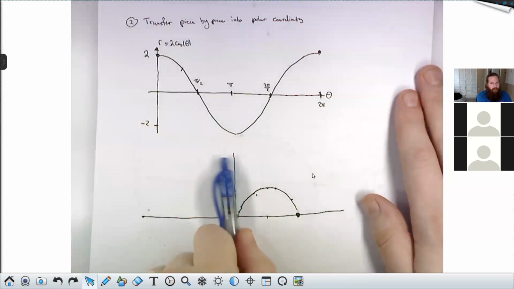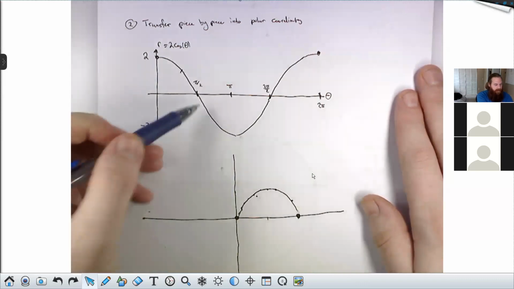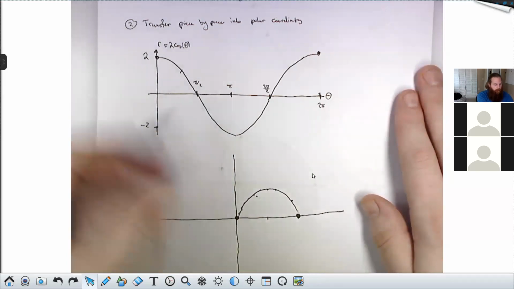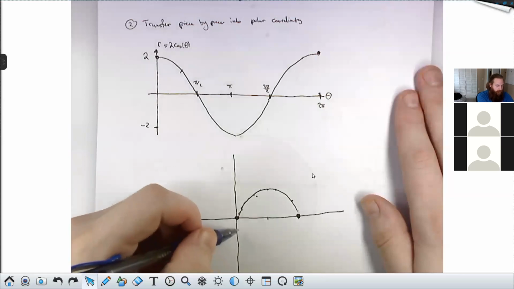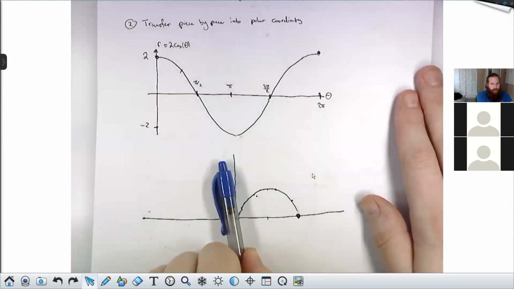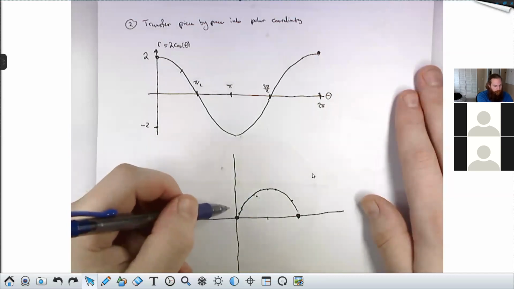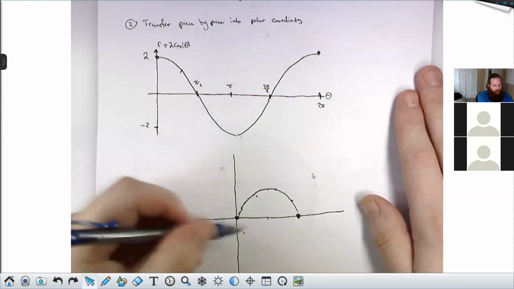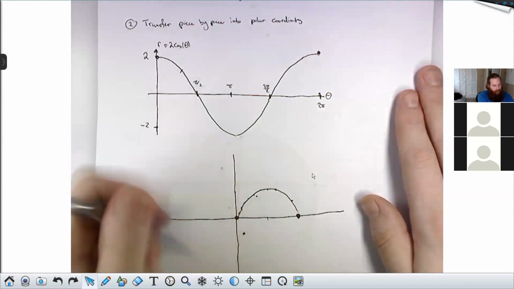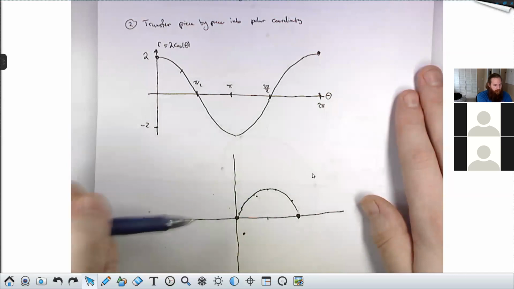Now, as I rotate past pi over 2, normally I would be drawing up here, but R is negative. So instead of drawing up here, I'm going to be reflected through the origin. If I rotate just a little bit past pi over 2, if R were positive, I would be right here. But it's negative, so I have to reflect it through the origin. If I allowed my arm to rotate just a little bit more, if R were positive, I would be out right here.